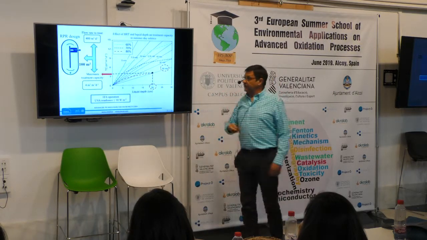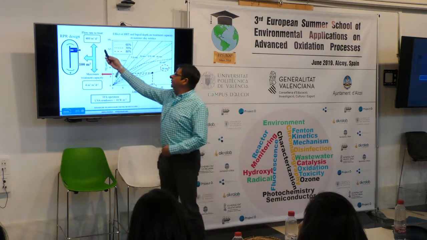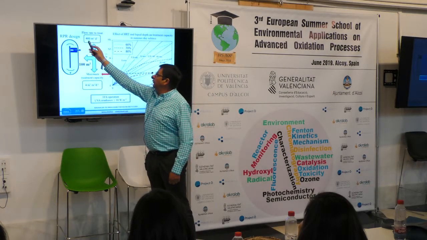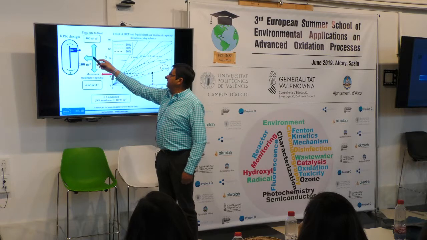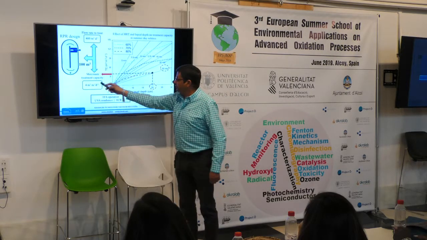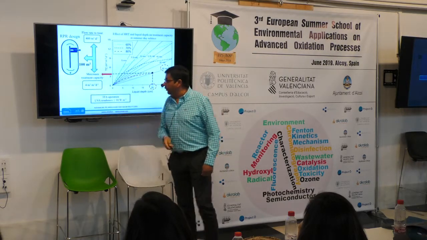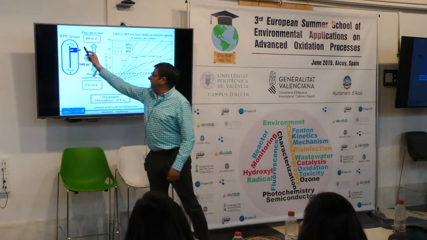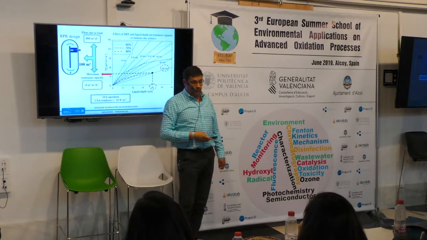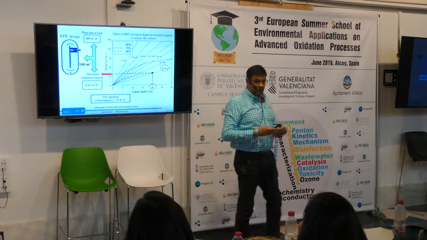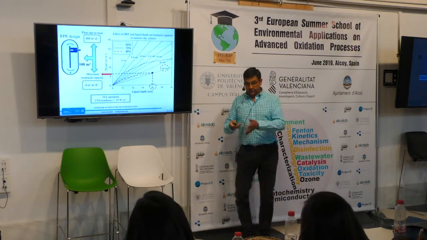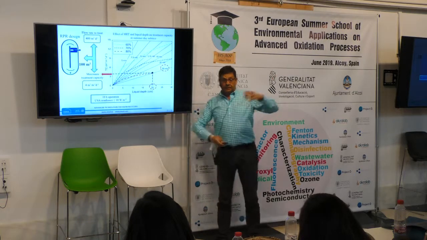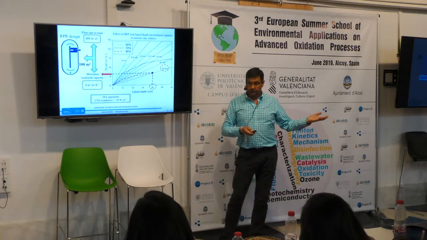In this case, for instance, if we want to treat 400 cubic meters per day with a treatment capacity of 4 cubic meters per square meter of reactor per day, we need 100 square meters of reactor. So we reach, from the basics of modeling, the sizing of the reactor.